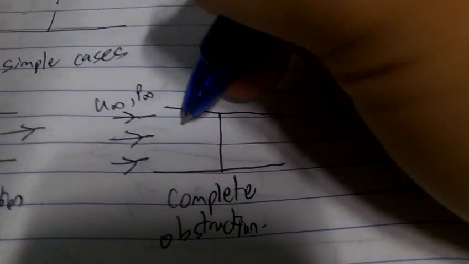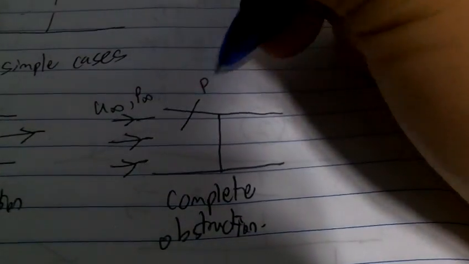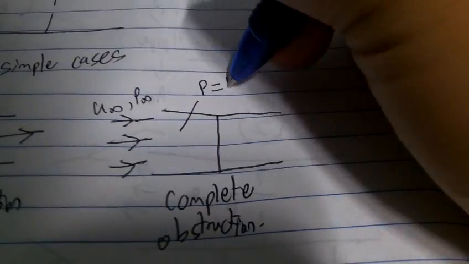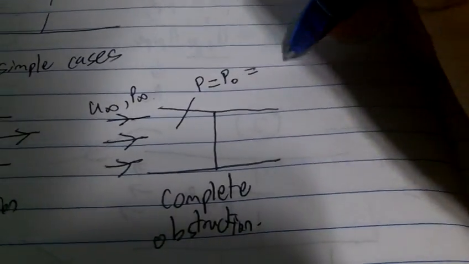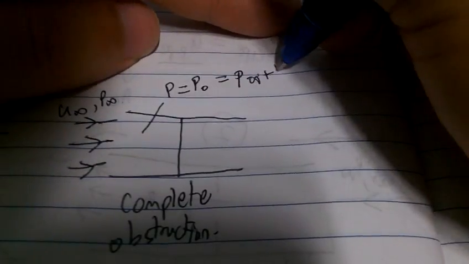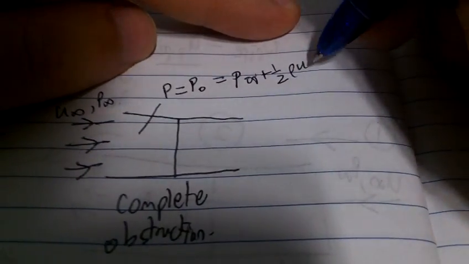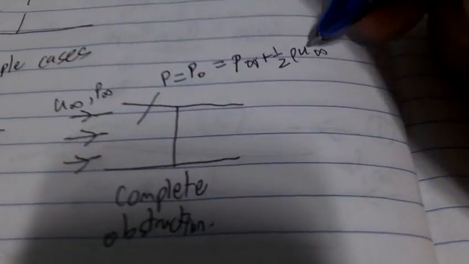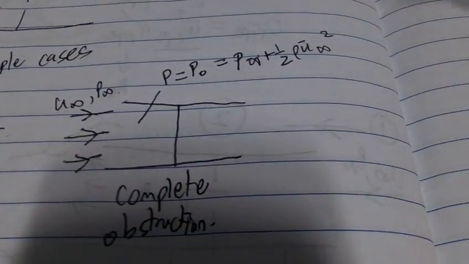So you can imagine a pressure buildup, and the pressure here equals the stagnation pressure, which is P infinity plus half rho U infinity squared. Alright?